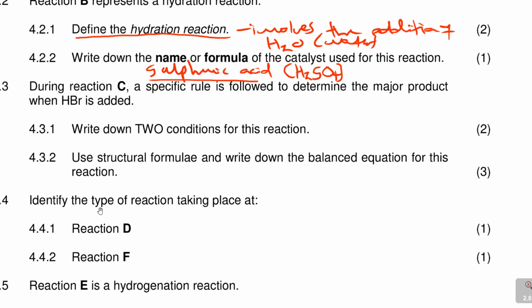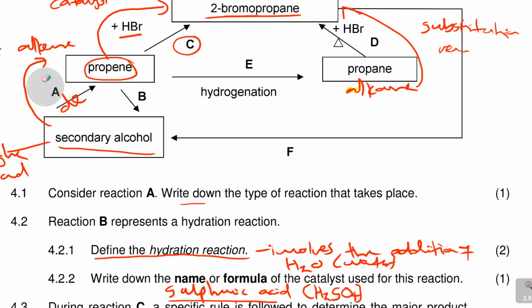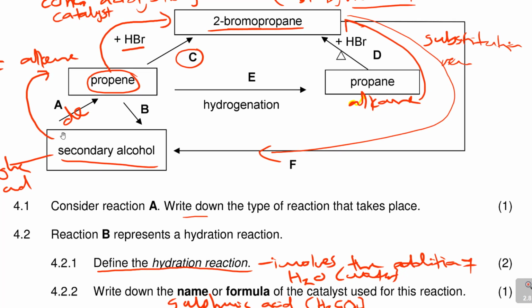And then what about that? Identify the type of reaction taking place at reaction F. Okay, let me remove this, not to confuse. Reaction F is moving this direction, right? So what are we having? 2-bromopropane. From bromopropane to what? To alcohol.